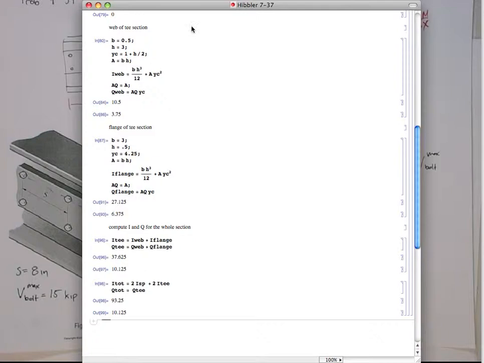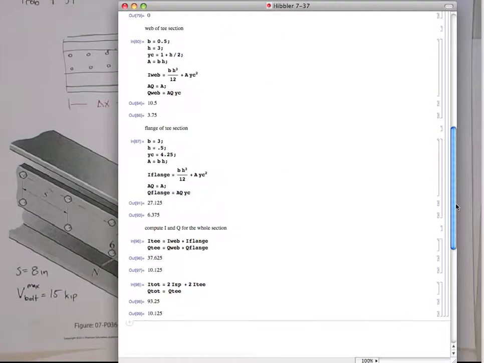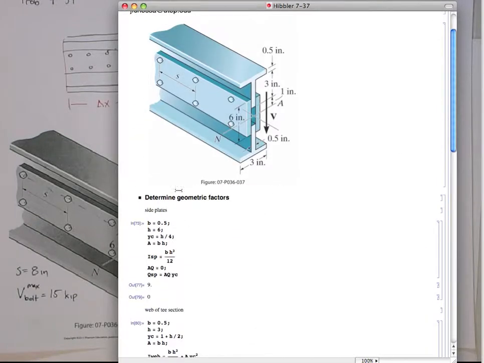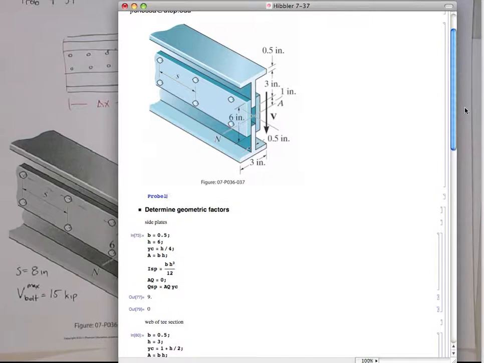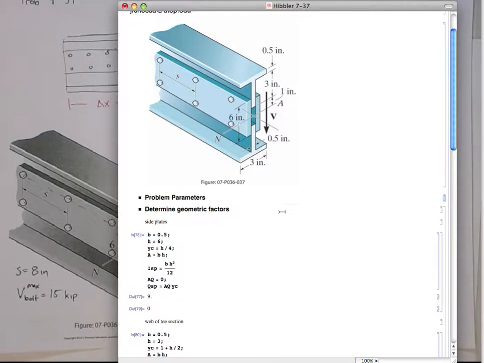All right, so now we need to solve the problem. We can use this equation. Let's put in some variables. We know that, well, actually, if you want to, we can even put the problem parameters up here. Problem. Let's give that a bolder section. That looks good.